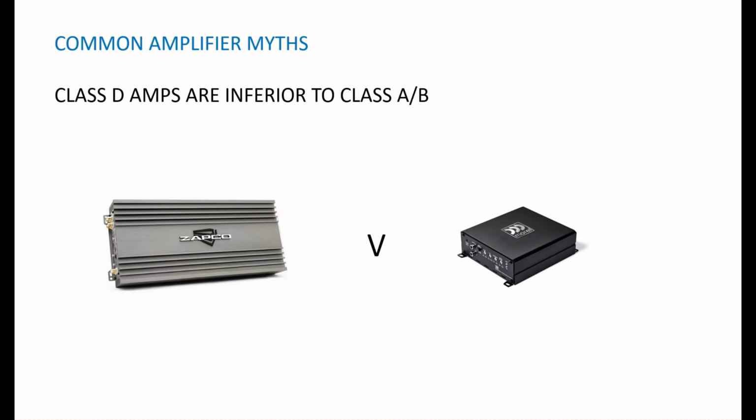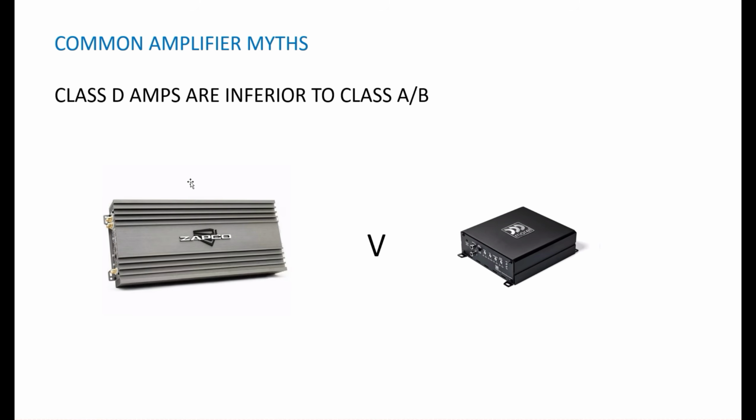The second myth I want to talk about is that Class D amplifiers are inferior to Class AB amplifiers. I just talked about this briefly when we were looking at the different types of amplifiers, and yes, there is a difference in the level of copying of the line signal, the peaks and troughs and that type of stuff.